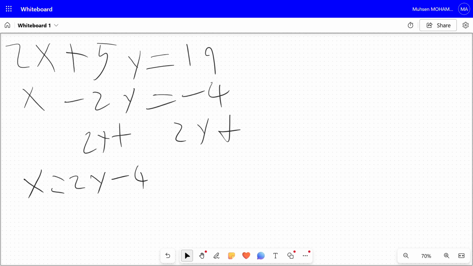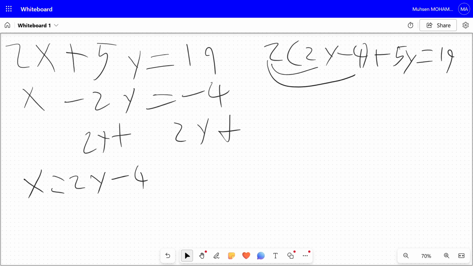So I will have 2 times (y minus 4) plus 5y is equal to 19. And I'll do the FOIL to get 2y minus 8 plus 5y is equal to 19.